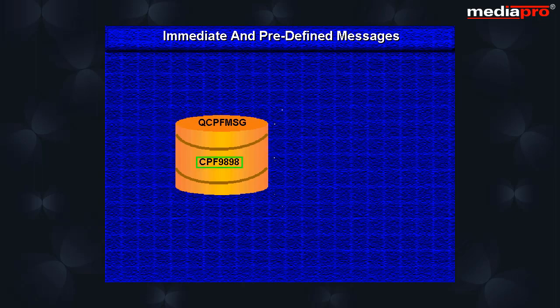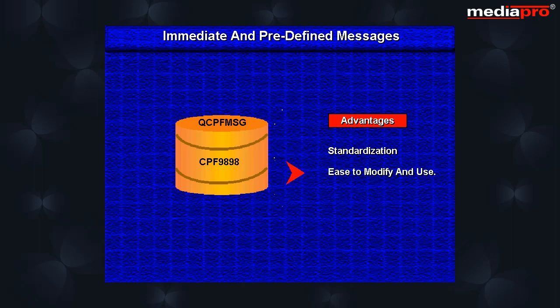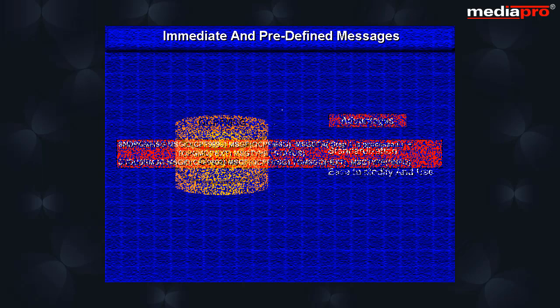Predefined messages already exist in message files on the system. Predefined messages have many advantages such as standardization and the ease with which you can modify and use them. Predefined messages can be used only with the send program message and send user message commands.